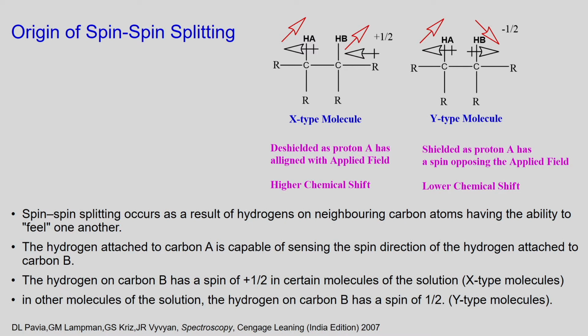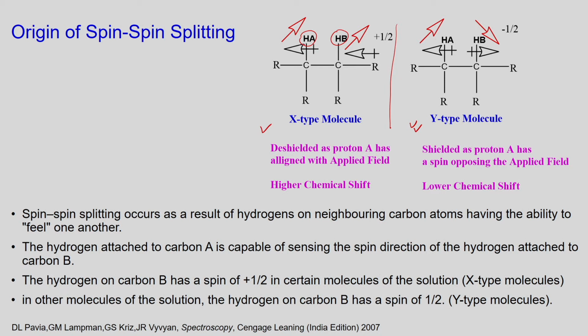What it means is that, let us suppose we have these 2 scenarios. This is the first scenario, and this is the second scenario. You have an X type molecule. Let us suppose you have 2 different types of proton, HA and HB. If I talk of HA in the solution of the X type molecule, spin-spin splitting means it tries to sense what protons are in its neighborhood.